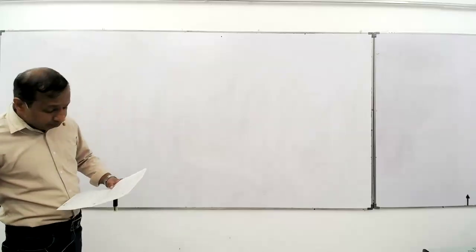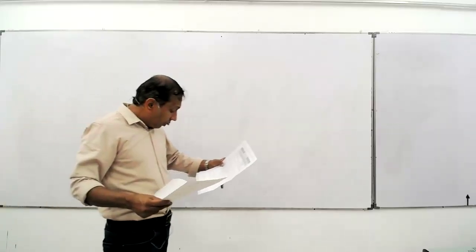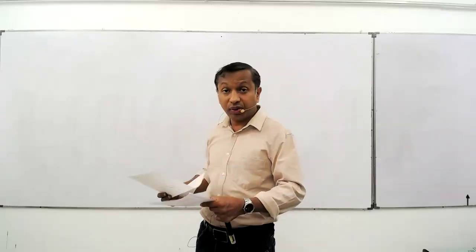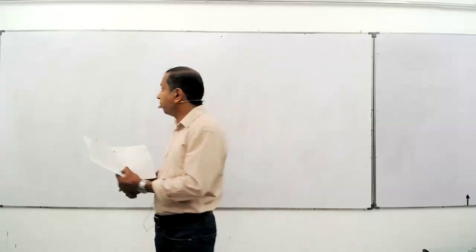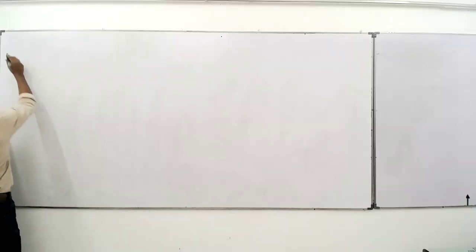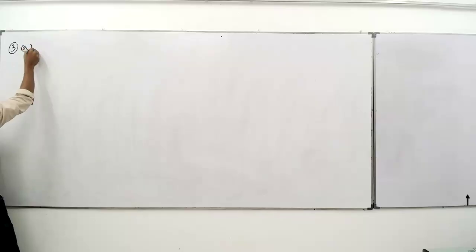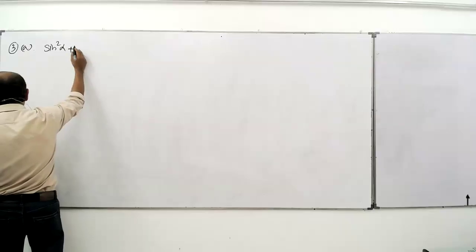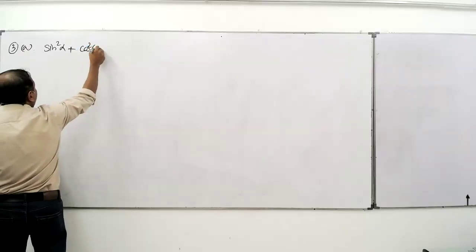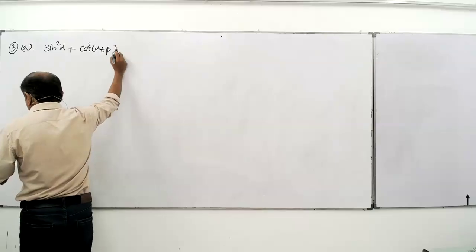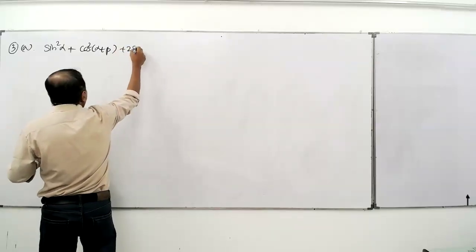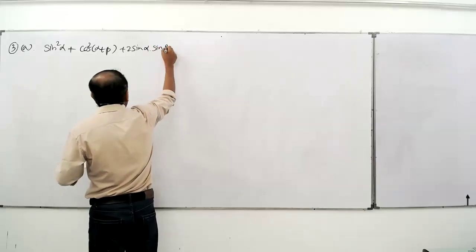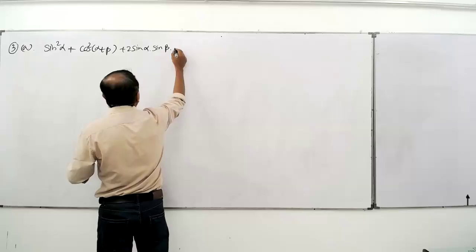Right. Now here, we are given: show that sine squared alpha cos squared this one is equal to this. So remember, you should have good memory regarding the formulas. Then 3 part 2: it is sine squared alpha, cos squared alpha plus beta, 2 sine alpha, sine beta, and cos alpha plus beta.